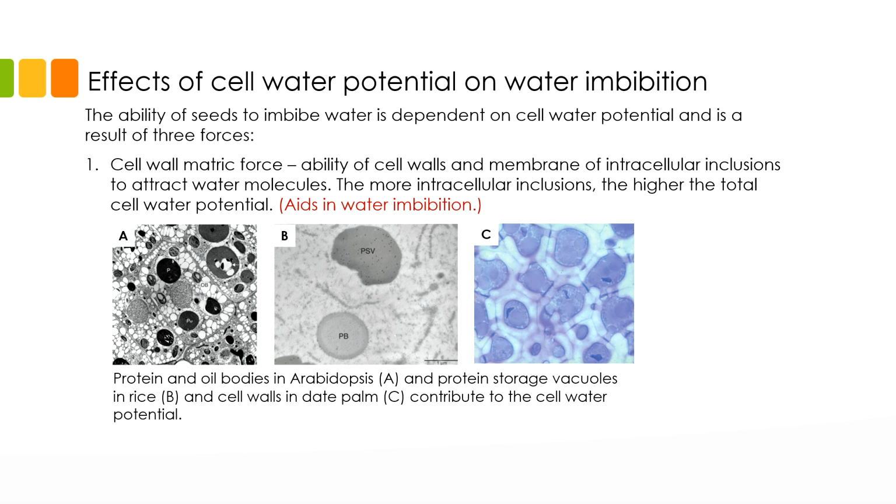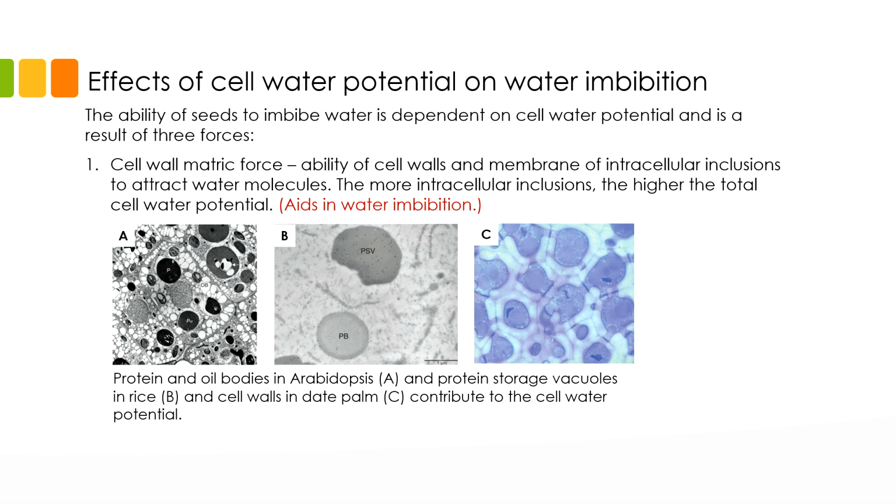What do we mean by intracellular inclusions? These are structures inside the cells that are bound by cell membranes. The more intracellular inclusions, the higher the total cell wall matrix force. In these panels below, you can see the different intracellular inclusions in seeds. Panel A shows protein and oil bodies in Arabidopsis labeled in P or OB respectively.